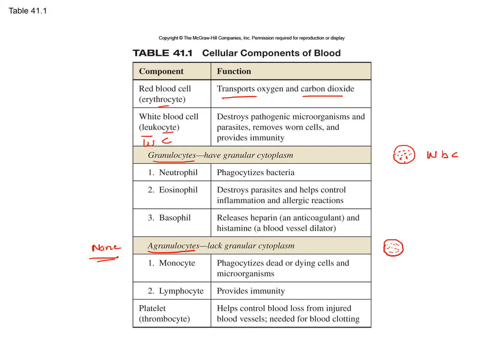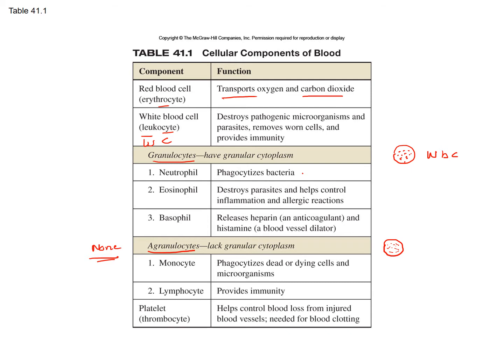So granulocytes means again that this particular white blood cell has those specific stains or grains inside the cytoplasm. One of them is the neutrophil. The main function of the neutrophil is to phagocytose bacteria.